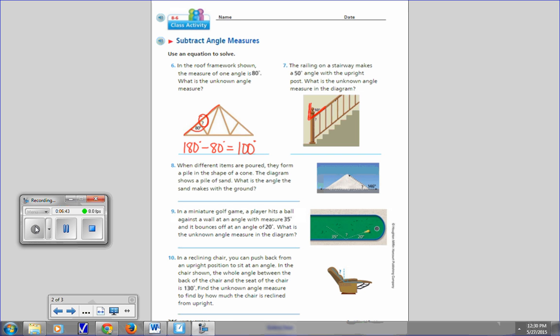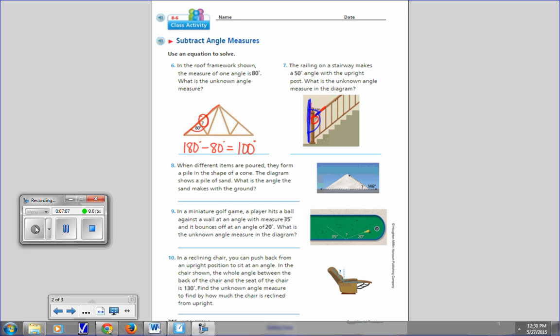What is the unknown angle in the diagram? So it's looking at this right here. What is this? So if I look at this post as a straight angle, and I know from here to this railing is 50 degrees, how much is it from this line all the way over here?